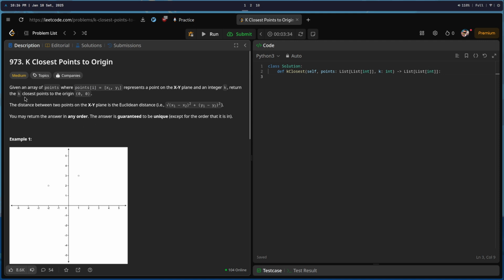Return the k closest points to the 0, 0 between two points on the xy plane in the Euclidean distance. Return the answer in any order. The answer is guaranteed to be unique.